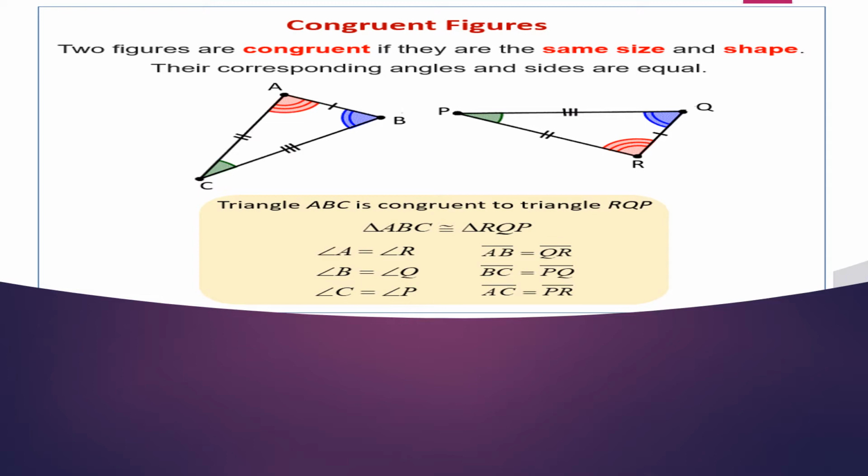So these are called the corresponding angles, because these are congruent triangles and these angles are equal to the corresponding angles. Now similarly, what about the sides? If you can see in the image, side AB corresponds to side QR.